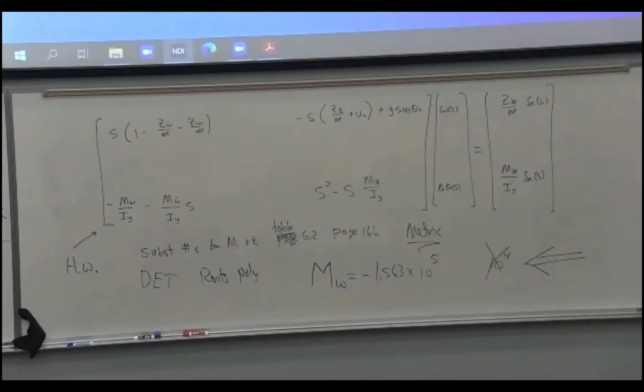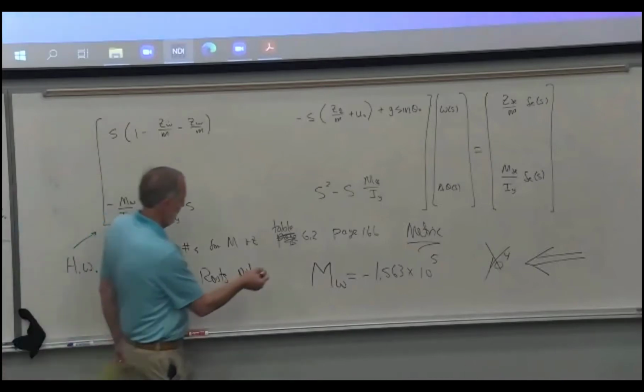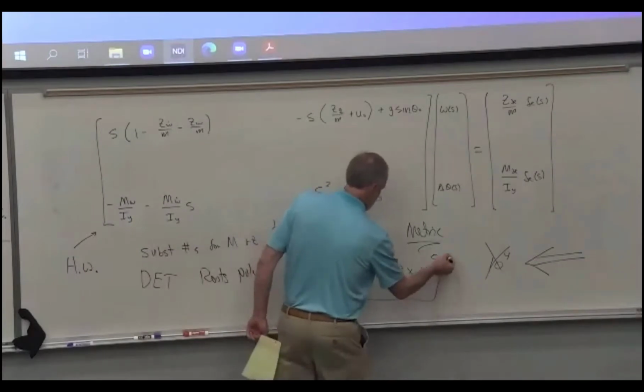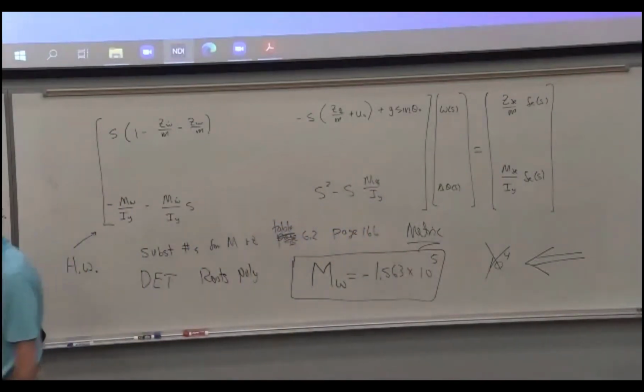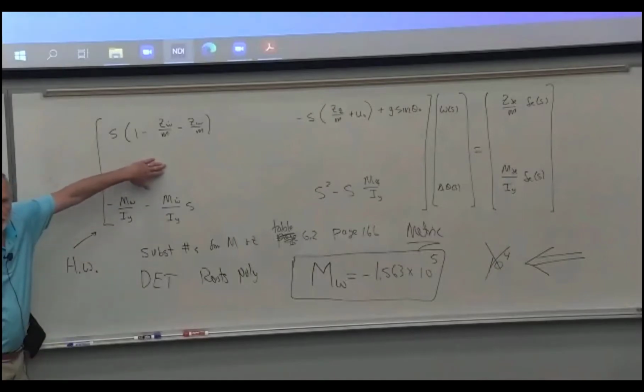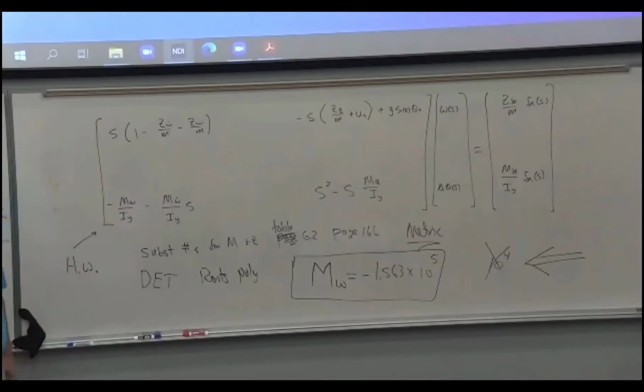Yeah, it shows 10 to the 4th and it should be 10 to the 5th. So use this number here. No, I've worked this all the way up to here. So you're going to start here, plug in the numbers, and take the determinant.